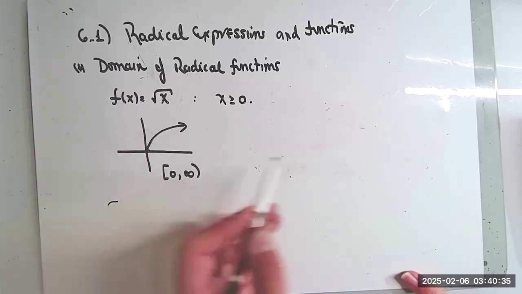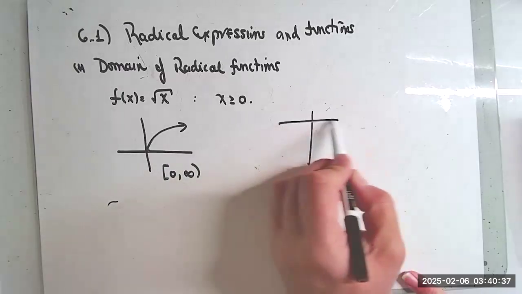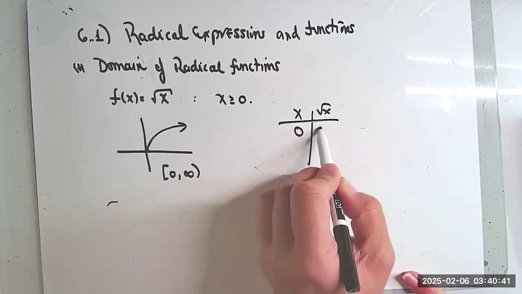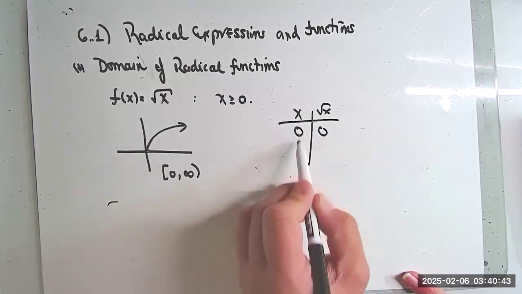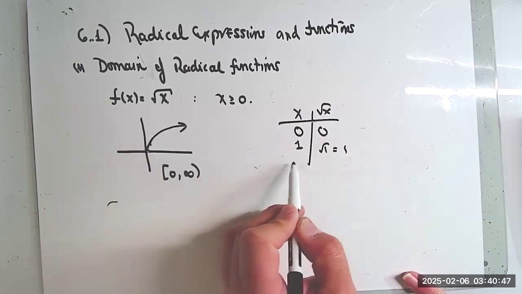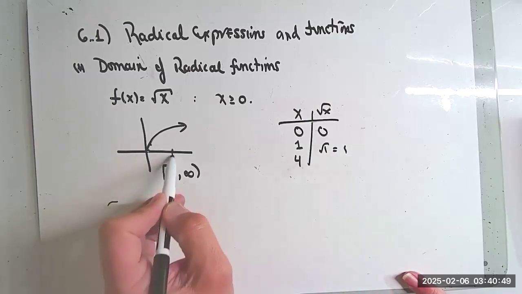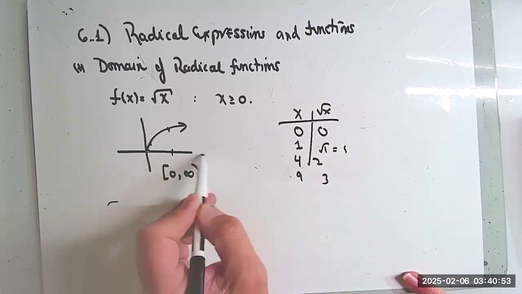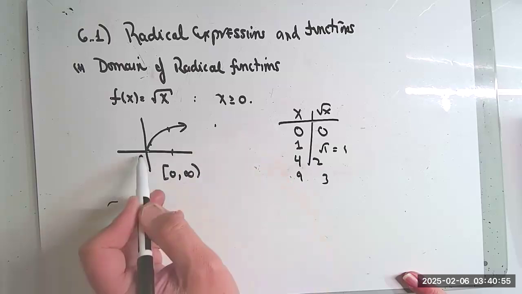The graph looks like this, very simple. If I have x and the square root of x: when x is 0, the square root of 0 is 0. If x is 1, the square root of 1 is also 1. If x is 4, the square root of 4 is 2. Then 9, the square root would be 3, then 16, 4.